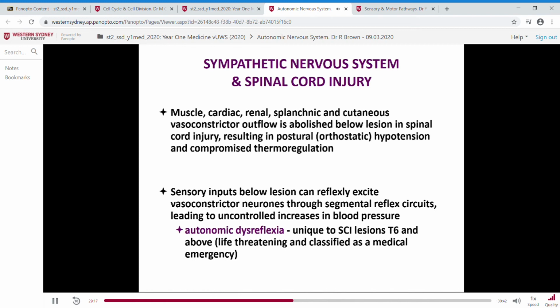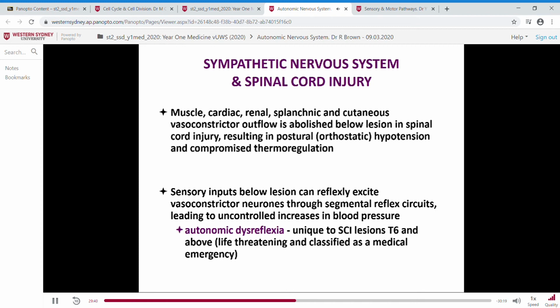Okay, so blood pressure can go extremely high. It can go to 280, 300 on 180. Okay, people can have strokes, they can have seizures, and there are recorded deaths from this. Okay, so there's still inputs below the level of the injury, even if the person can't feel them.